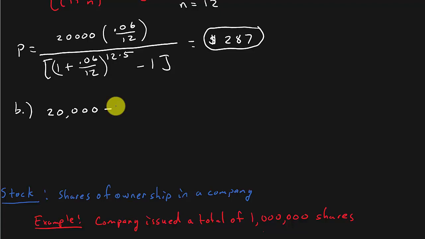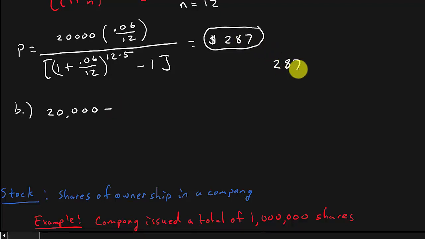Well, we put in $287 a month times 12, and we did that for 5 years, and that ends up being $17,220.